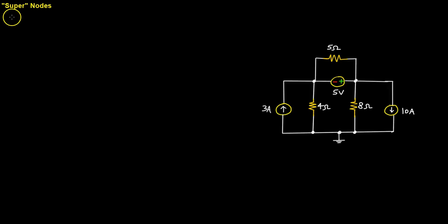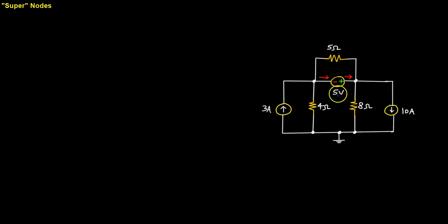no matter what the current through it is. And so the problem this brings forth is that since we're using KCL for nodal analysis, we really don't know the current that flows through this voltage source. It could be any current that allows the circuitry inside of this voltage source symbol to provide 5 volts.